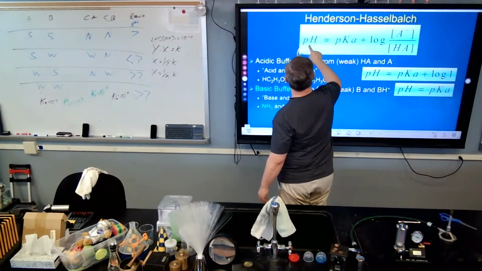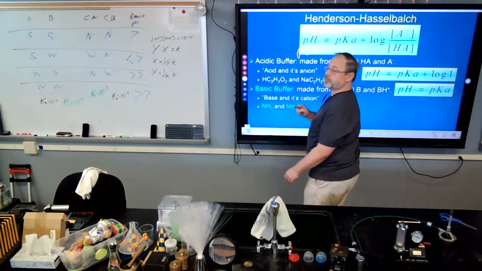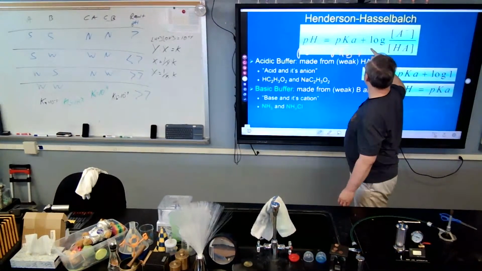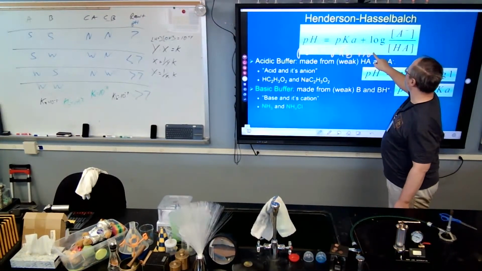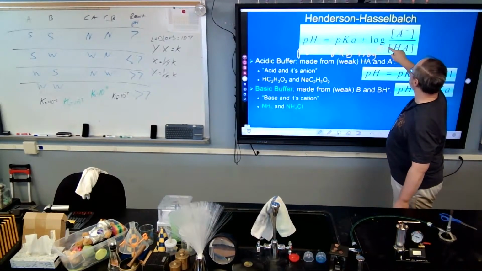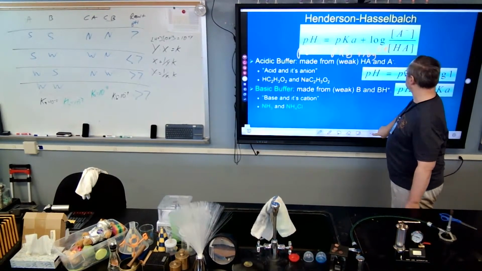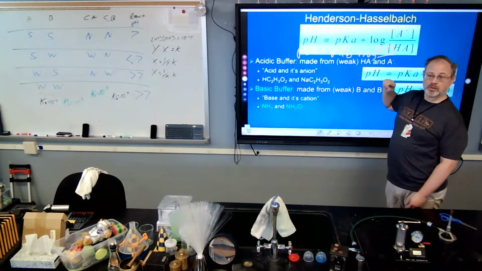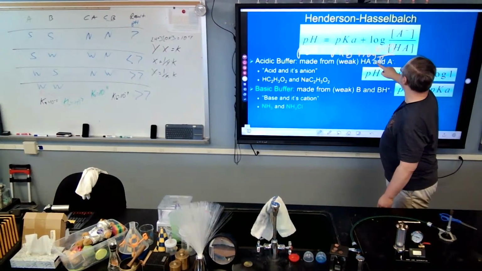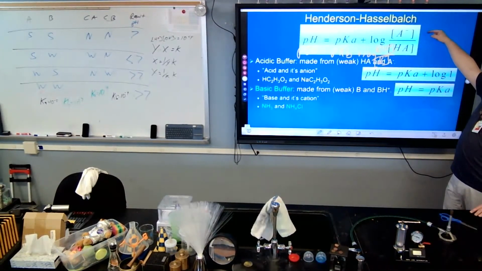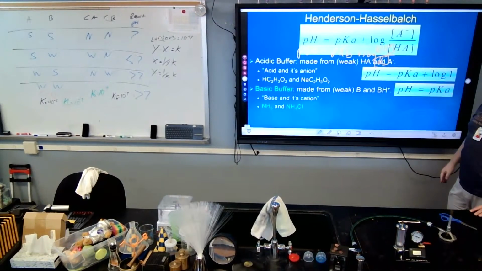We go pOH equals pKb plus log of BH plus concentration over B, which you can totally do. This is on your formula chart. This isn't, but you could use it. Works exactly the same way.